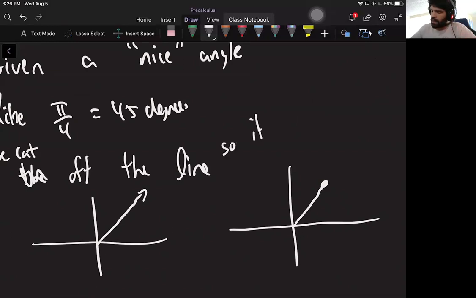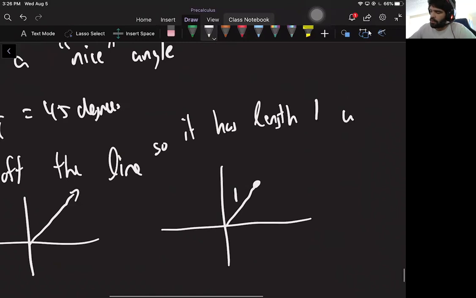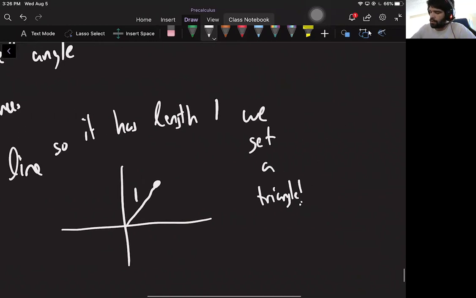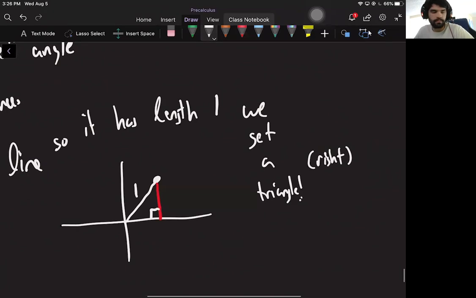So it has length 1 instead of being infinitely long. What happens is we get a triangle. But not just any old triangle, a right triangle, by dropping a straight line down to the x-axis. So it's a right triangle because this angle here is 90 degrees, aka pi over 2.